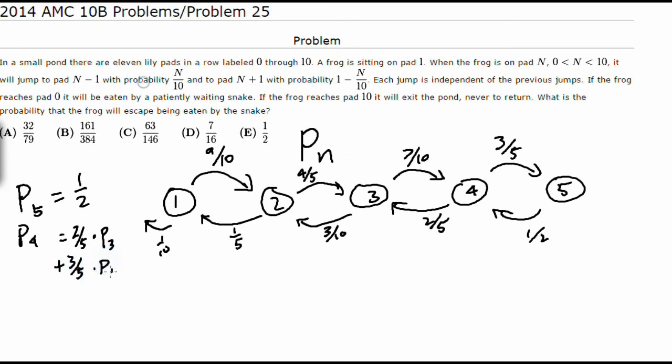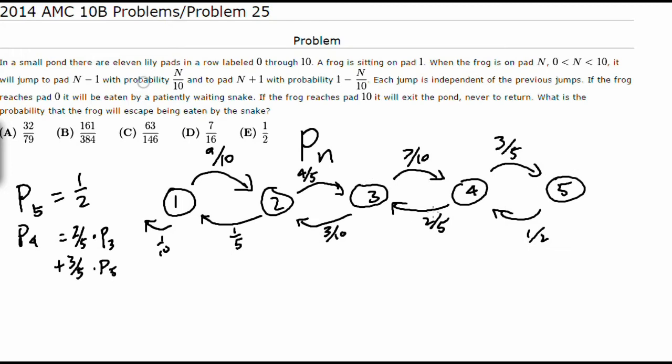times P5. And again, this might get a bit confusing. Multiplying probabilities, what is this? It really confused me the first time I did it, but basically we're saying that on the chance that it moves back with 2/5, the probability of getting to pad 10 is now from pad 3.